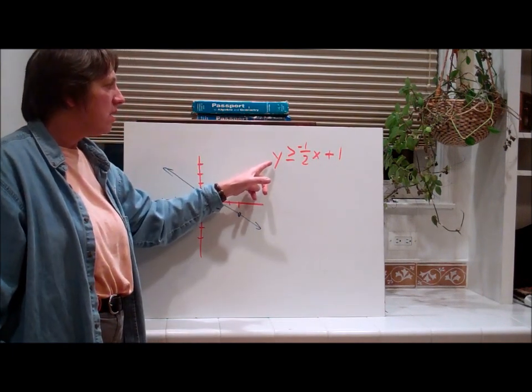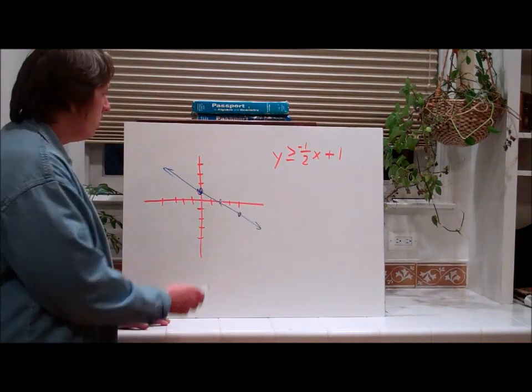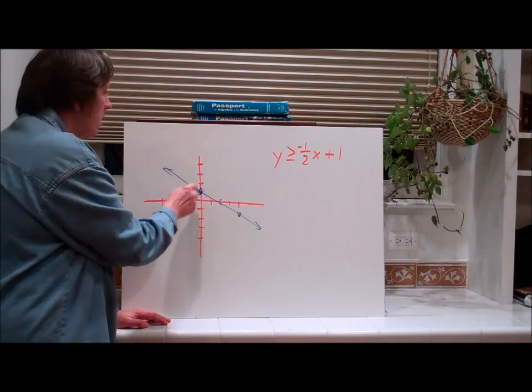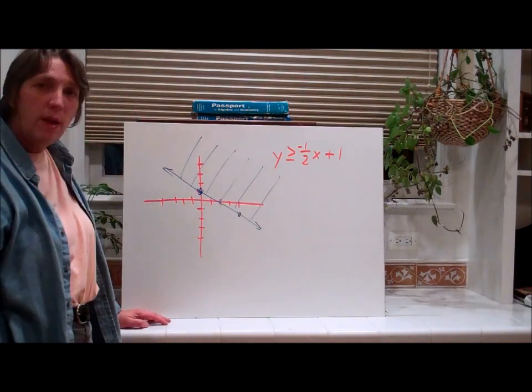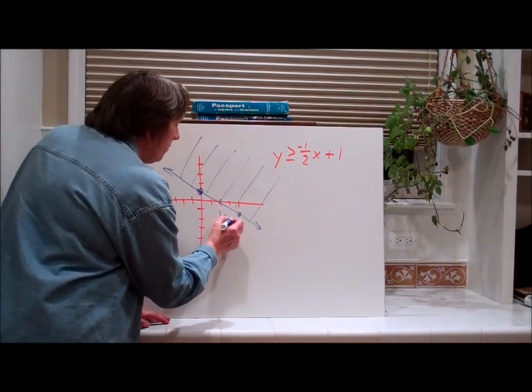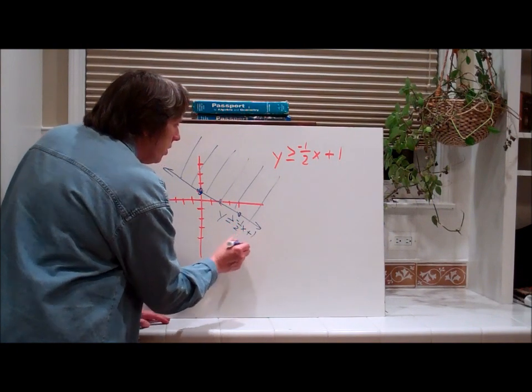And y is 0. Is 0 greater than or equal to 1? No. So the shading isn't down here because that doesn't make it a true inequality. The shading is above, and everything above makes it a true inequality. So I have to label it y is greater than or equal to negative 1/2 x plus 1.